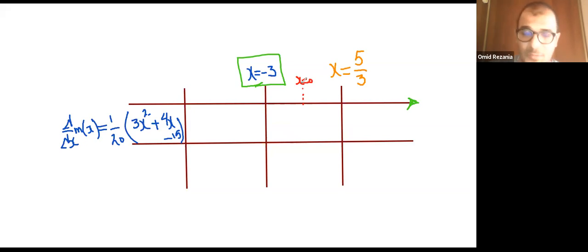We know that in order to find the sign of your instantaneous rate of change, we plug these values in. I know that these two values give me 0 because x equal to -3 and x equal to 5 over 3 are the roots of this one.